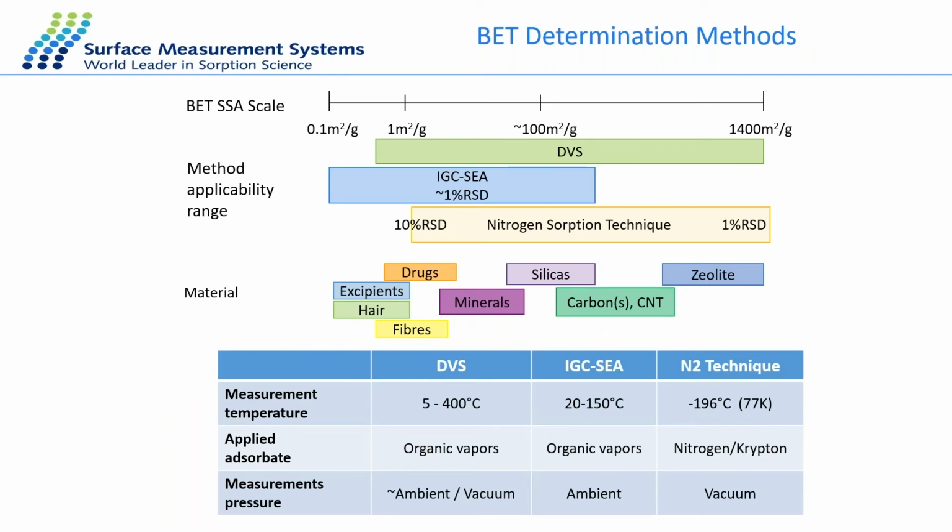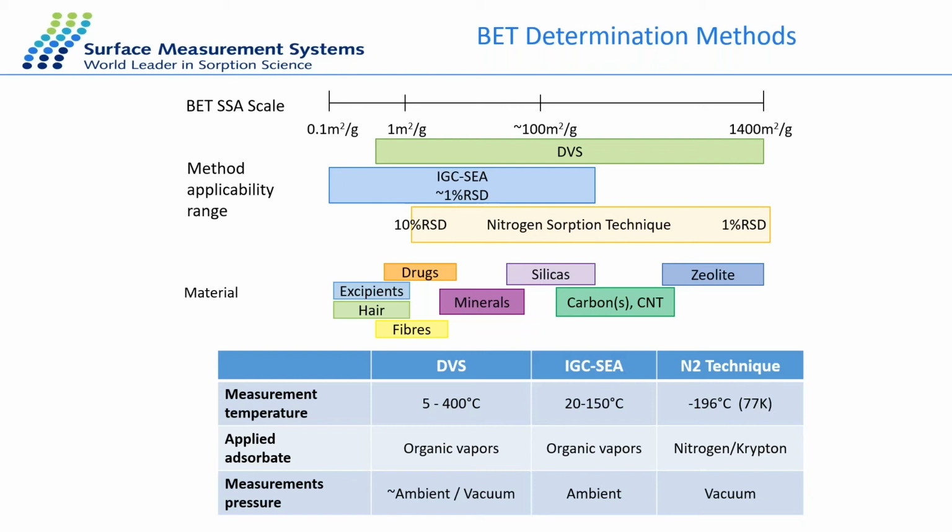The BET surface area can be in a very wide range, and normally the nitrogen adsorption technique is used to measure the BET specific surface area. It's very accurate, especially at high surface area.